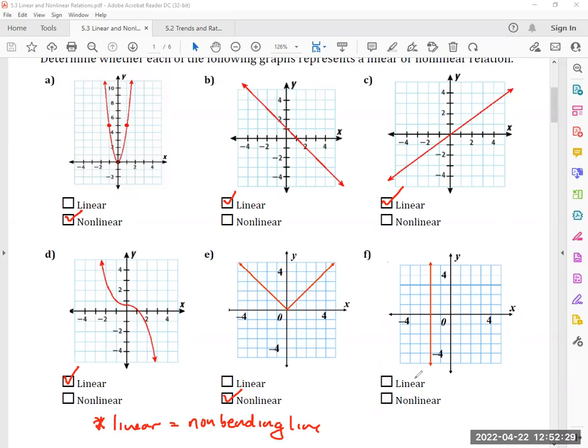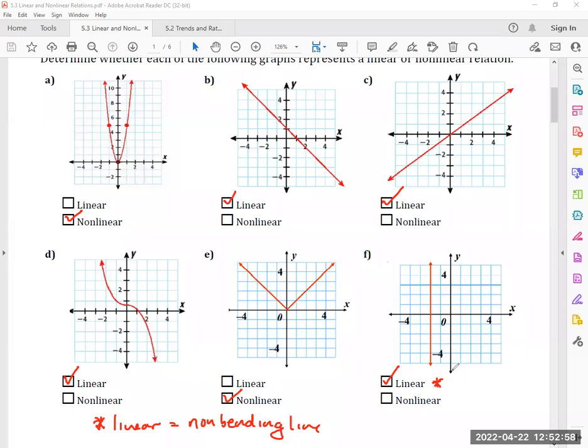Which brings me to the next one. That is a perfectly vertical line. Linear or nonlinear? I encourage you to be wrong. Who says linear? Okay, who says not? Okay, so in this particular case, under the mathematical definitions, you would say it's linear, but with another asterisk.